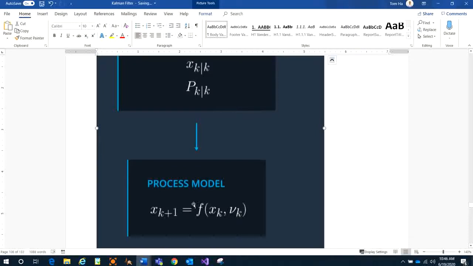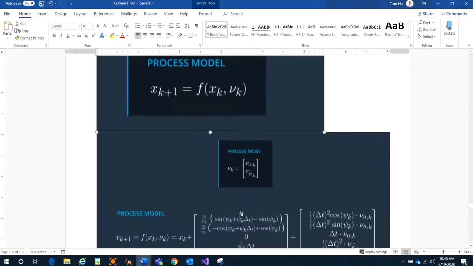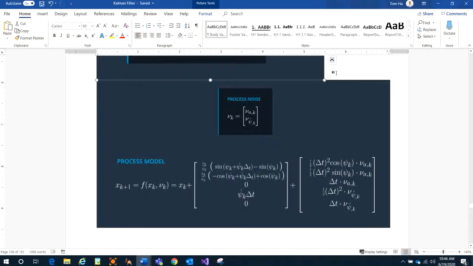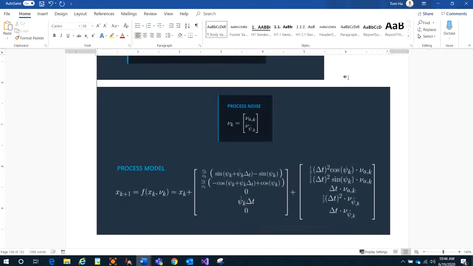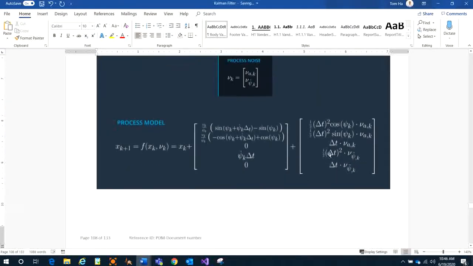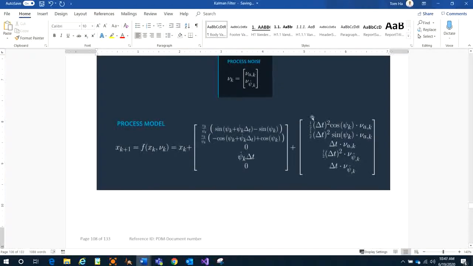But in the process model, we include not only the sigma points, we also include the process noise right here. That's the nonlinear function, the nonlinear process model. So right here, you have to look at the process model. This process model right here, right? That's the two.